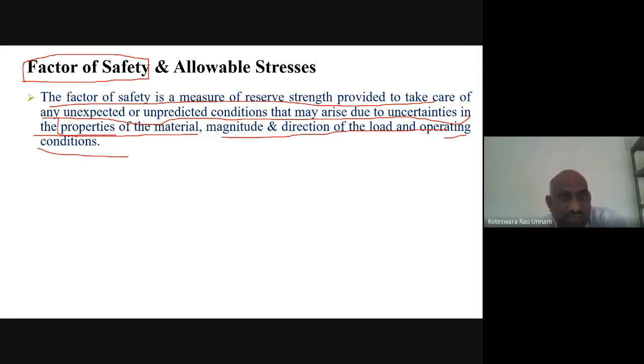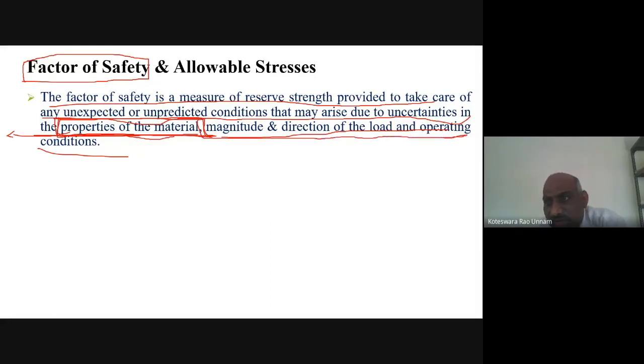Generally, while designing the component, the design engineer will assume that the material is homogeneous. It is not possible for the designer to predict whether there are any defects in the material or not. Also, the designer will estimate the loads.